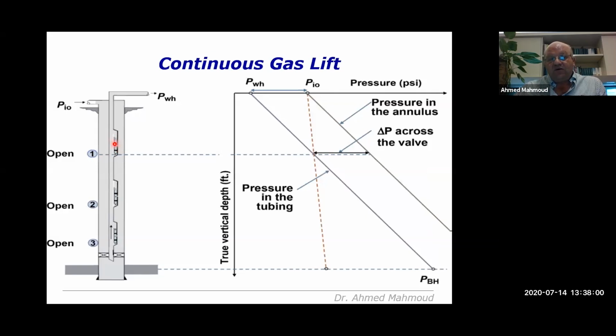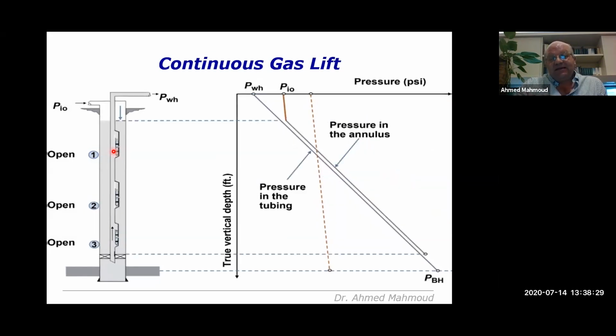It also initiates a delta P, a differential pressure, because as the fluid level moves down, the annulus will have gas while you still have liquid inside the tubing. This delta P will initiate the first gas lift valve to open.